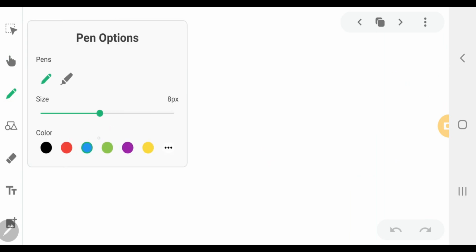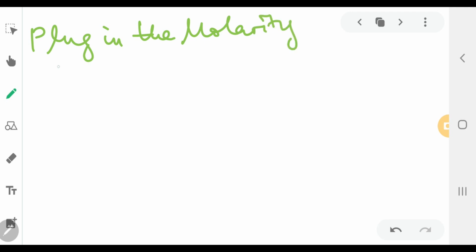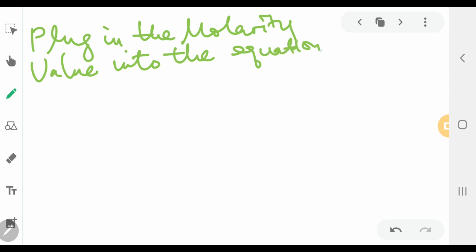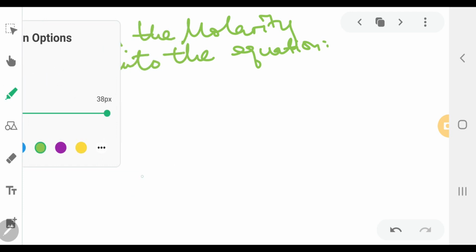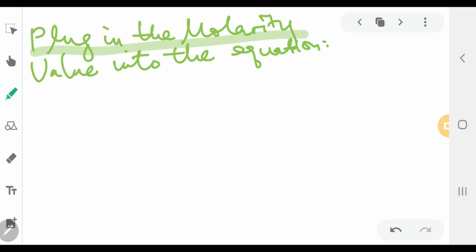So we're just going to plug in the molarity value into the equation.